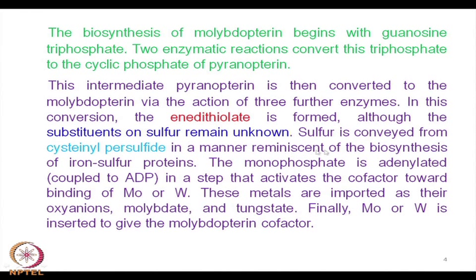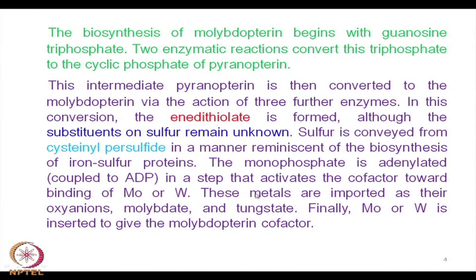This is very similar to the synthesis of our iron-sulfur proteins, because sulfur is given there and the cysteine sulfur is available for binding to your ferredoxin molecules. The monophosphate is adenylated in a step that activates the cofactor for binding of molybdenum and tungsten. So this ligand is now available and activates the system for coordination.